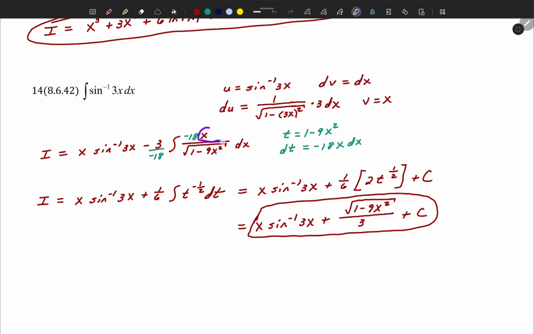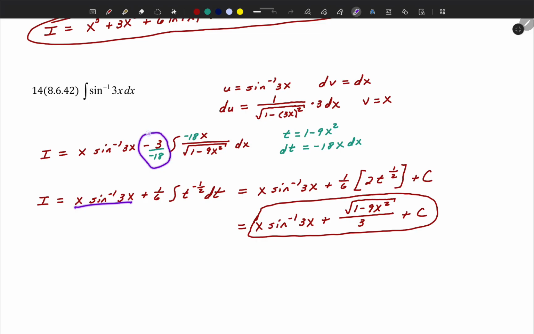I can already see I had the x dx in there, but I needed the factor of negative 18. Well, I multiplied by negative 18 on the inside, divided by negative 18 on the outside. Now this is going to be easily integrable with our basic rules.